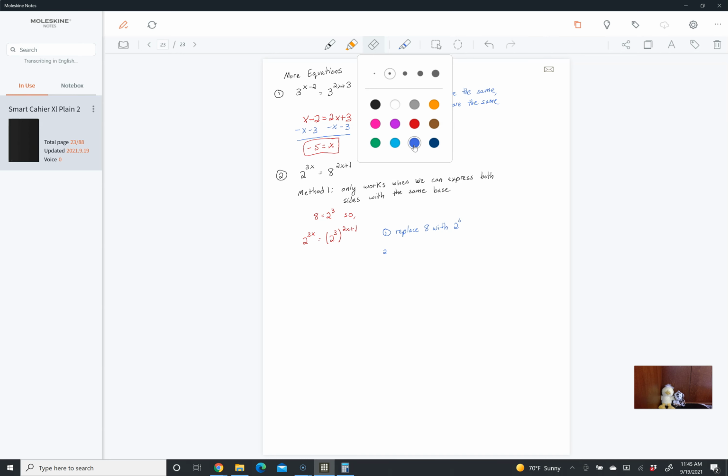Now the next thing that we're going to do is get rid of the parentheses by distributing the exponent. So we know that an exponent raised to an exponent, we can multiply.